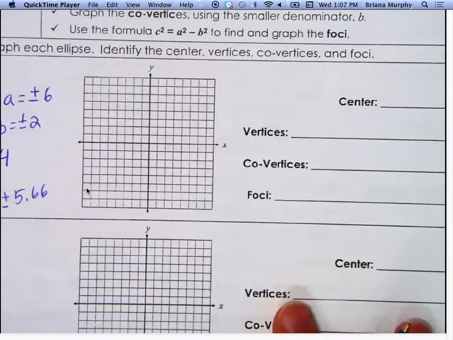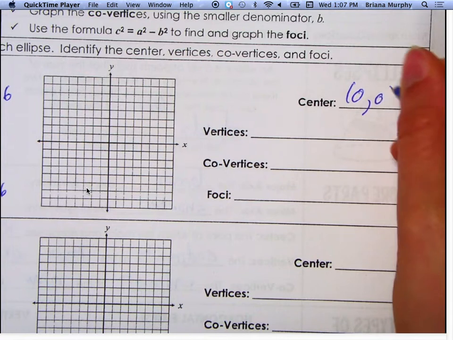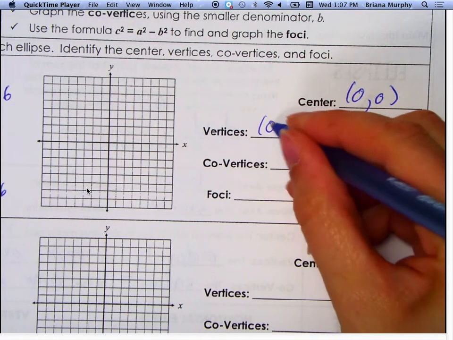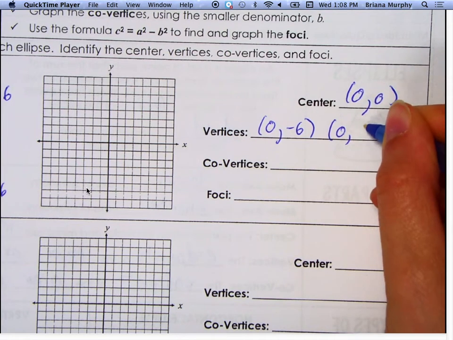The center is 0, 0. I'm not adding anything to x or y. My vertices are going to be 0, negative 6, and 0, positive 6.